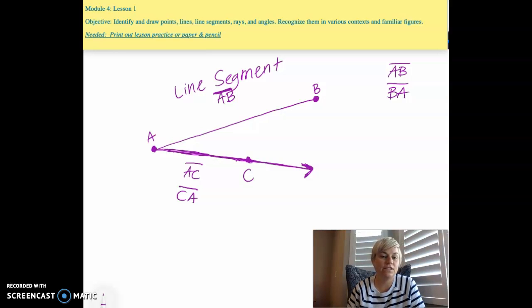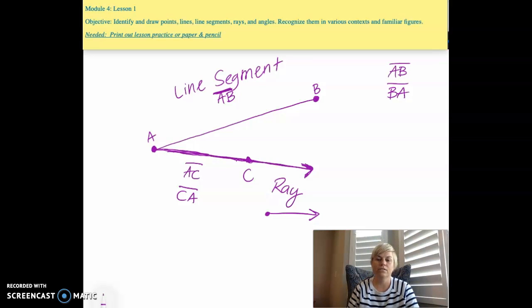The arrow tells us it continues on. So C is a ray. A ray starts at an exact location, it goes out with an arrow, and it does not end. So it continues on in one direction, and that's what a ray is.